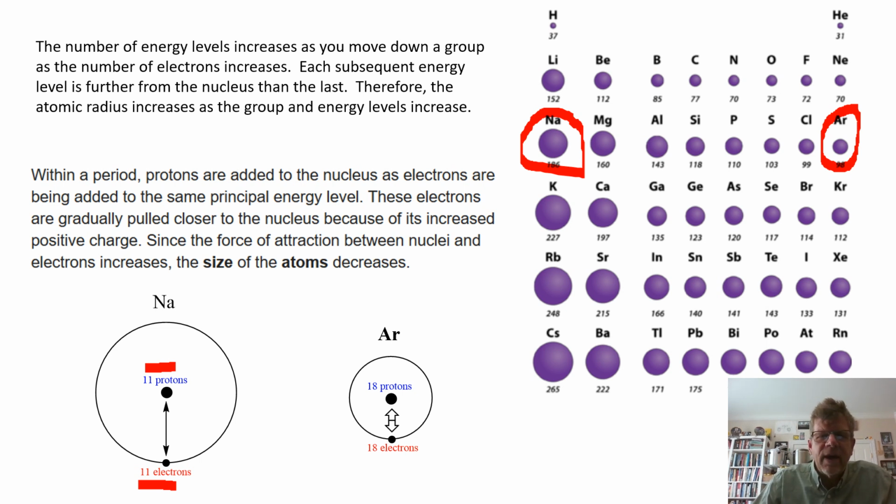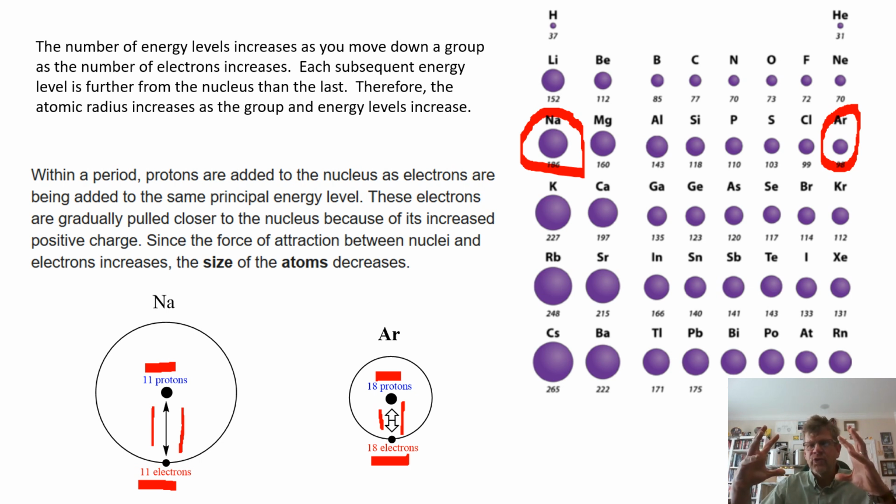Now, if we go over to the other end with argon, that has 18 protons in its nucleus and 18 electrons. That 18 to 18 is a stronger pull than is 11 to 11. 18 to 18 being a stronger pull squishes that Nerf ball down a little more because, as I said, it's malleable.